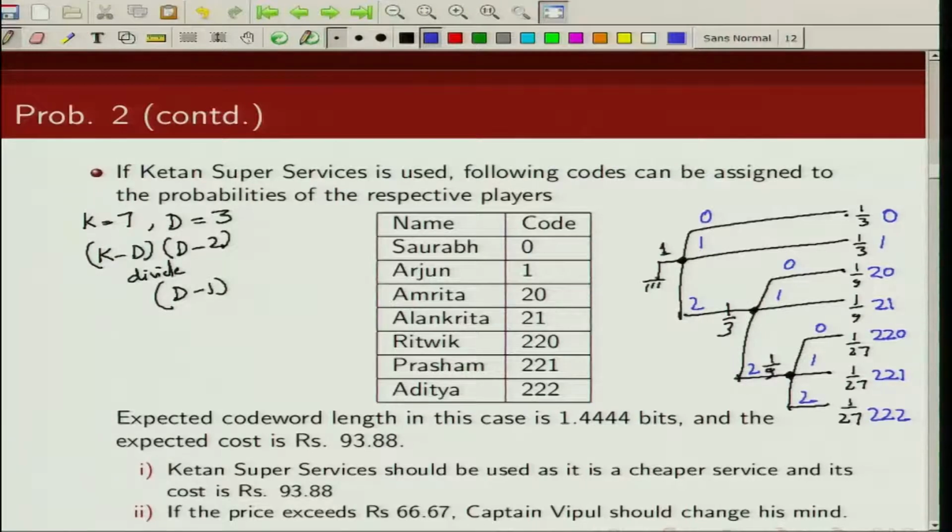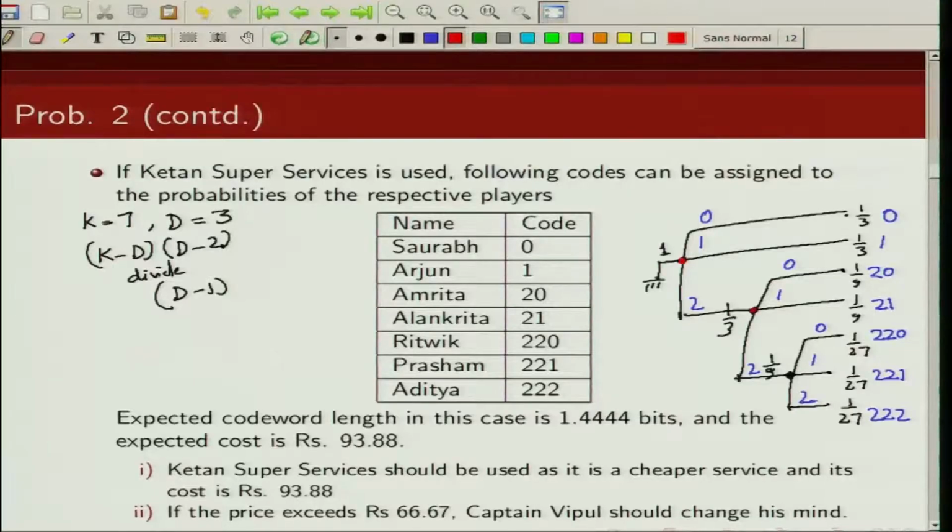So again I can find out the expected code word length using the path length lemma. It is the sum of the probabilities of all the nodes including the root node. So this will be 1 plus 1 by 3 plus 1 by 9, and that comes out to be 1.44 bits.